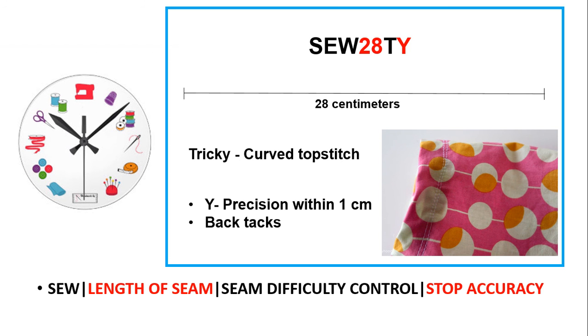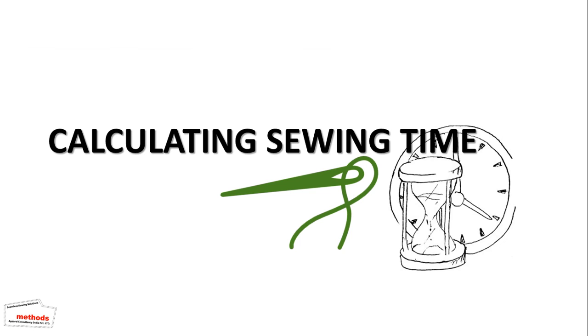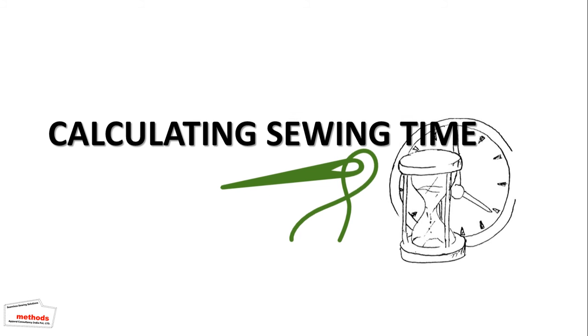Next thing we need to know is how to calculate the sewing time in TMUs after having determined the sewing code. Let us say we have a sewing code SEW10MX. We know that for stop accuracy of X level, we have 0 TMUs.